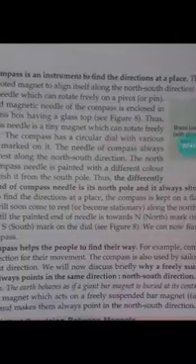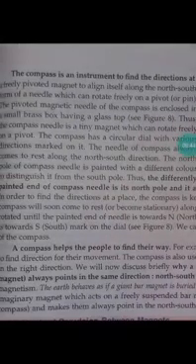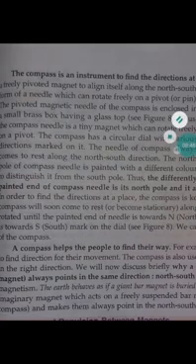So thus the compass needle is a tiny magnet which can rotate freely on a pivot. The compass has a circular dial with various directions marked on it. See, it has various directions marked on it.